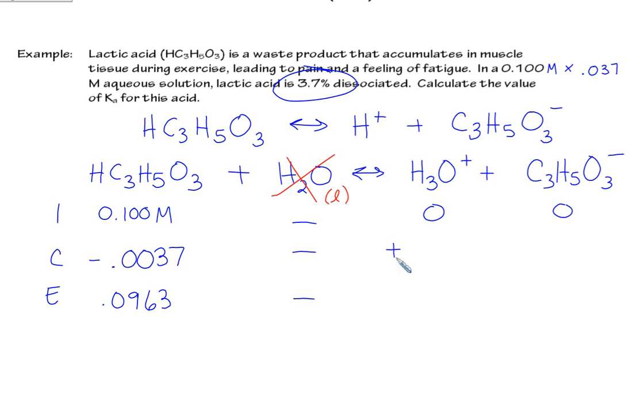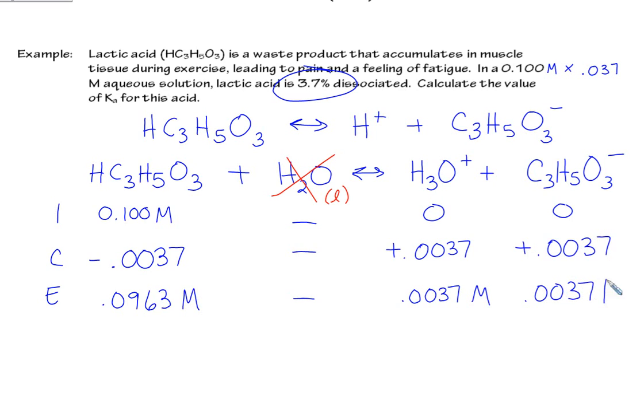And then these guys are going up by 0.0037, and these are moles per liter. We could put that in if it bothers you. Fabulous. Now I got my equilibrium conditions and we can solve for K. Oh, that wasn't so bad.